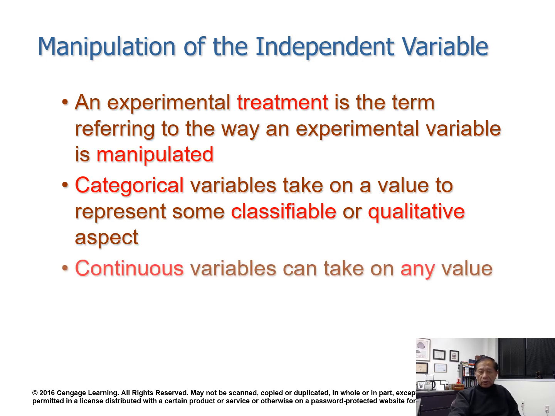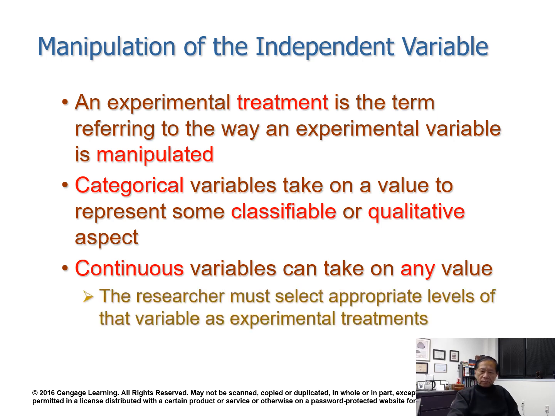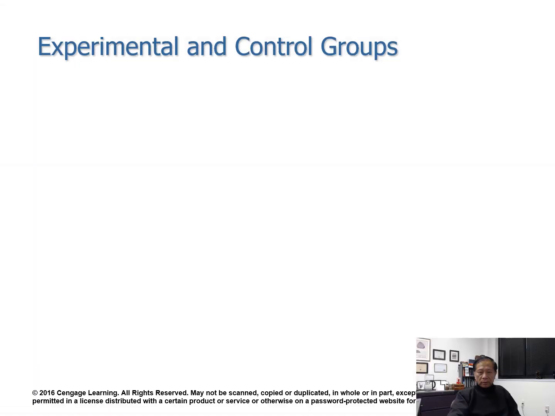Continuous variables can take on any value. And if you use a Likert scale, say on attitudes or opinions, from 1 to 7, we consider that almost a continuous variable. And the researcher must select the appropriate levels of that variable as experimental treatments.